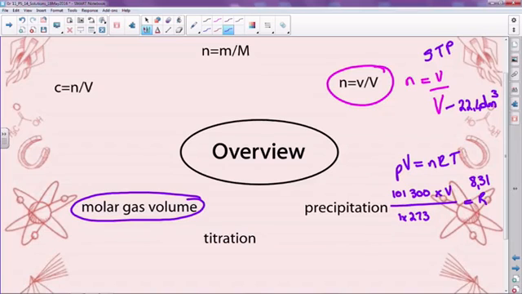So they've proved this mathematically and they proved it in practice. And that's where we get our number from. So at 0 degrees Celsius and 101,3 kilopascals, also known as standard temperature and pressure, our volume is 22,4.